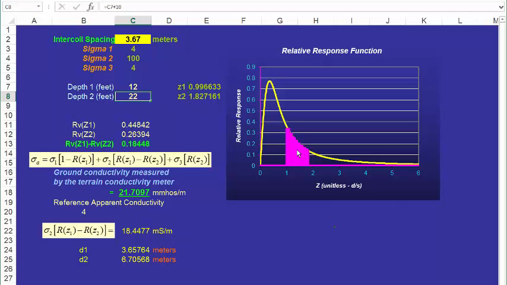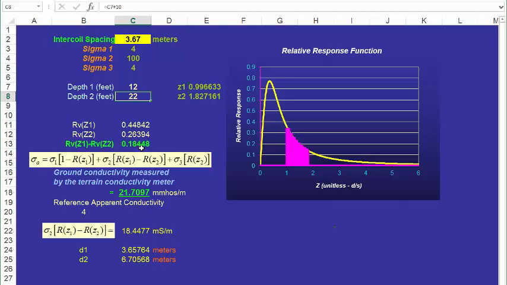We have this area under the curve that we've calculated, which would be the difference, R1 minus R2, and this expression over here. So we know that the contribution of the AMD zone to the apparent conductivity will be in proportion to this area that we have here.